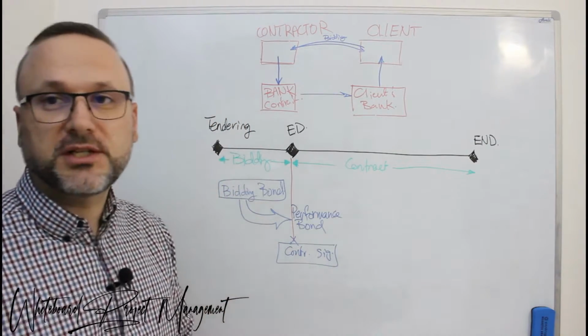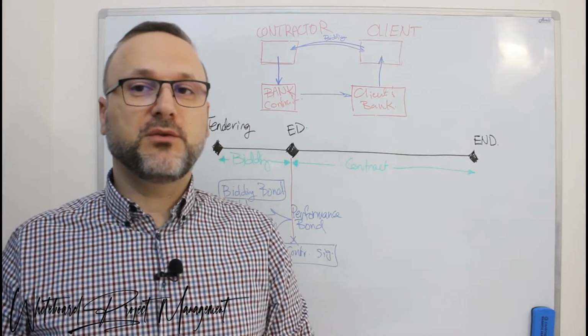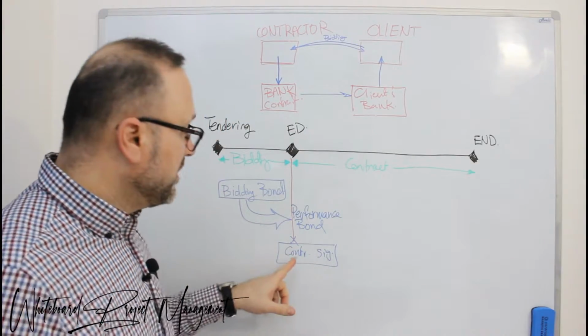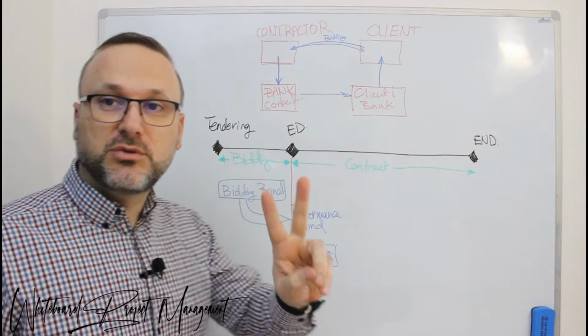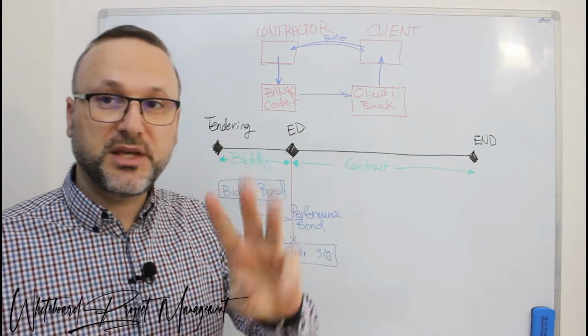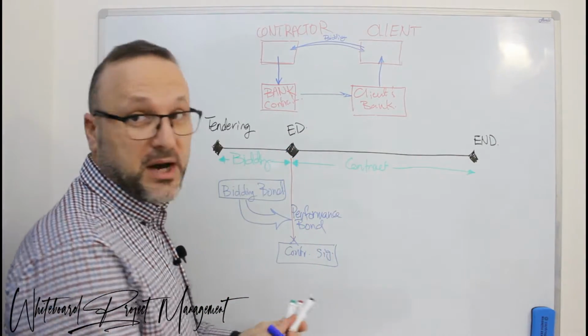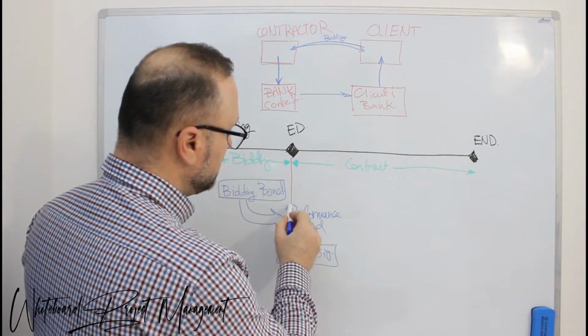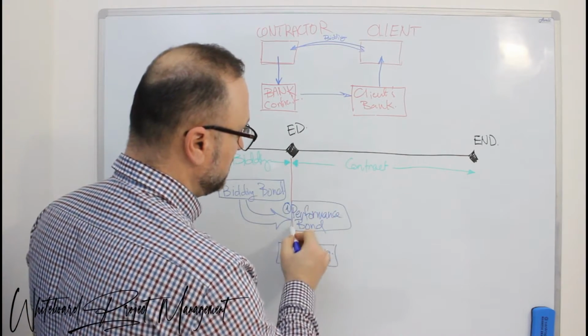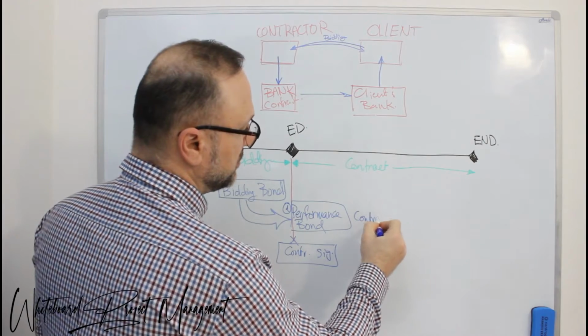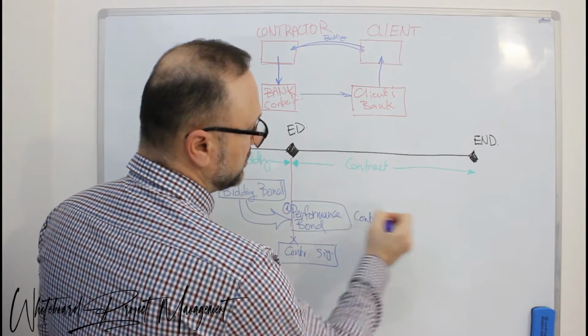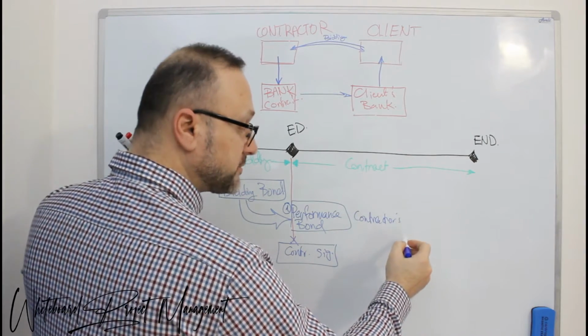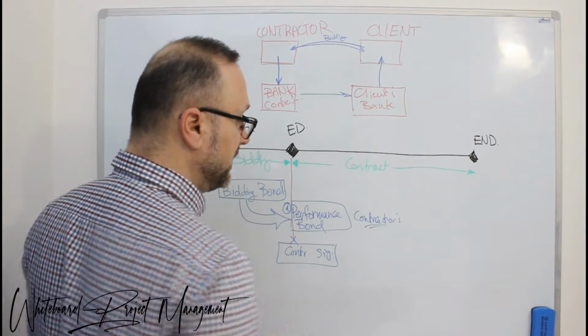Sometimes contract signature doesn't mean the effective date of the contract, but the contract signature has mostly 2 or 3 main parts. One is the performance bond. This is the contractor's responsibility.